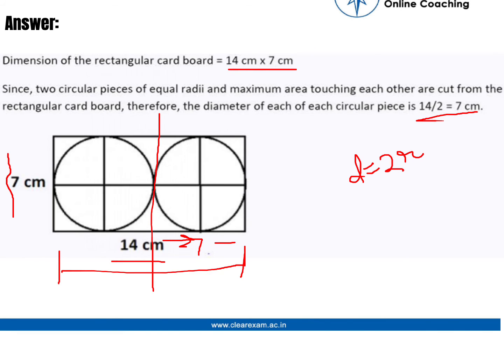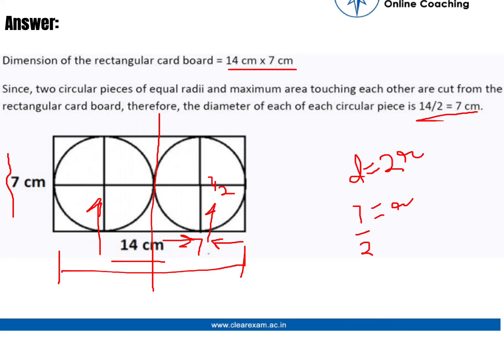So the diameter of each circle is 7. To find the radius, radius equals 7 by 2.